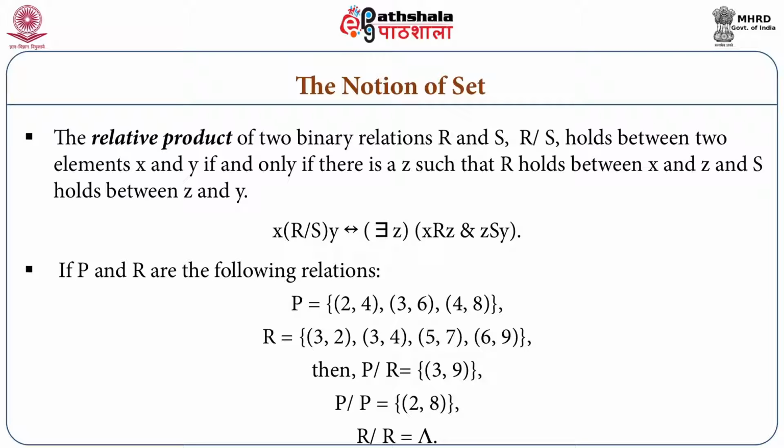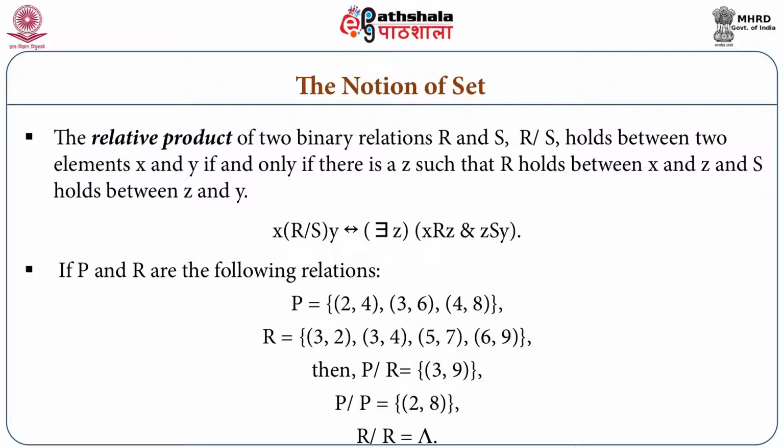If we are asked to define these composite relations, means relative product relation PR, then what is the set we are going to get? By definition, the first element should be supplied from the first element of relation P, and the second element should be supplied by the second relation, which is R.